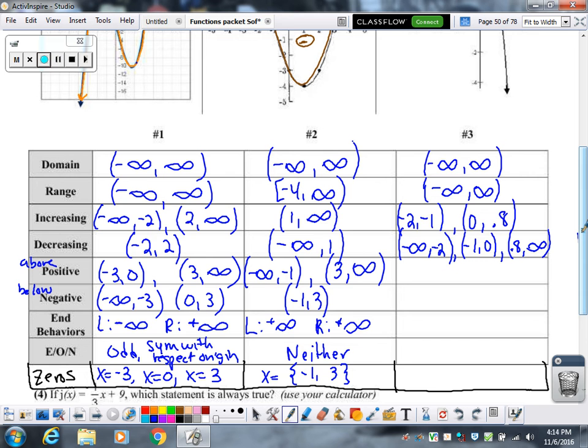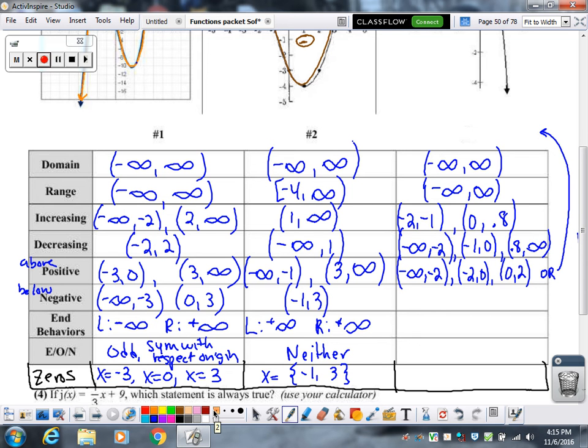The one way is by actually listing out the 3 separate intervals. -infinity to -2 is where it's above the x-axis. It's above the x-axis from -2 to 0. And it's also above the x-axis from 0 to 1. So that's one way of writing it. I'm going to put an or here and draw an arrow up on top because I don't have enough room there to write the answer.